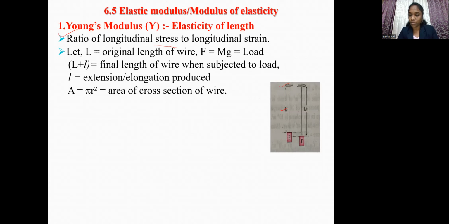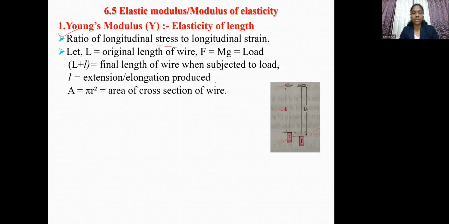So due to this force F, we see in this other parallel figure that there is an increase in length of the wire, or extension or elongation produced in the wire, represented by symbol small l.